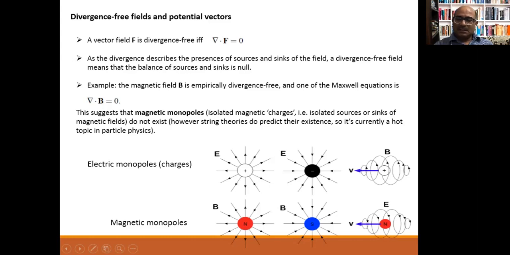The plus charge can be there with an outward flow of field lines, as the minus charge can be stable with electric field lines going into it. But magnetic monopoles, north and south, cannot exist independently.